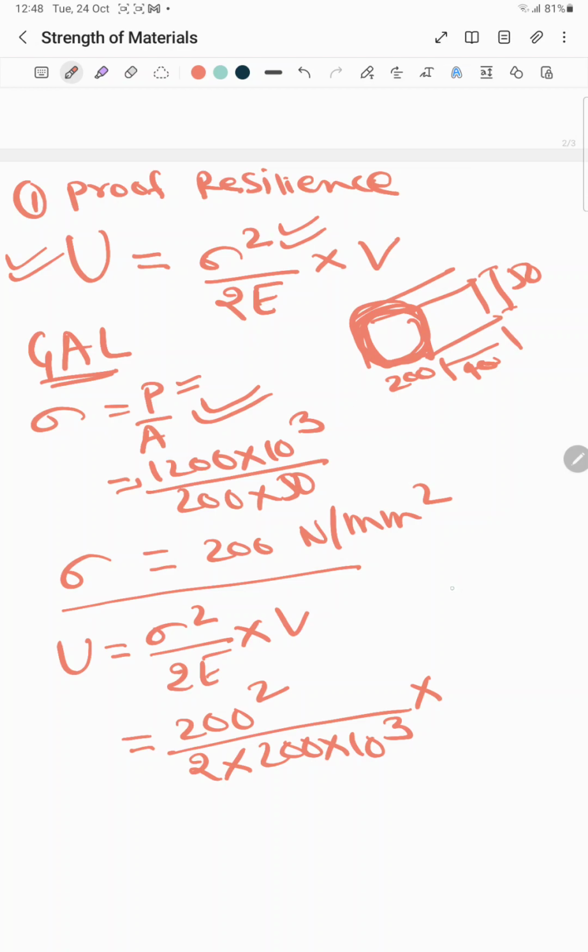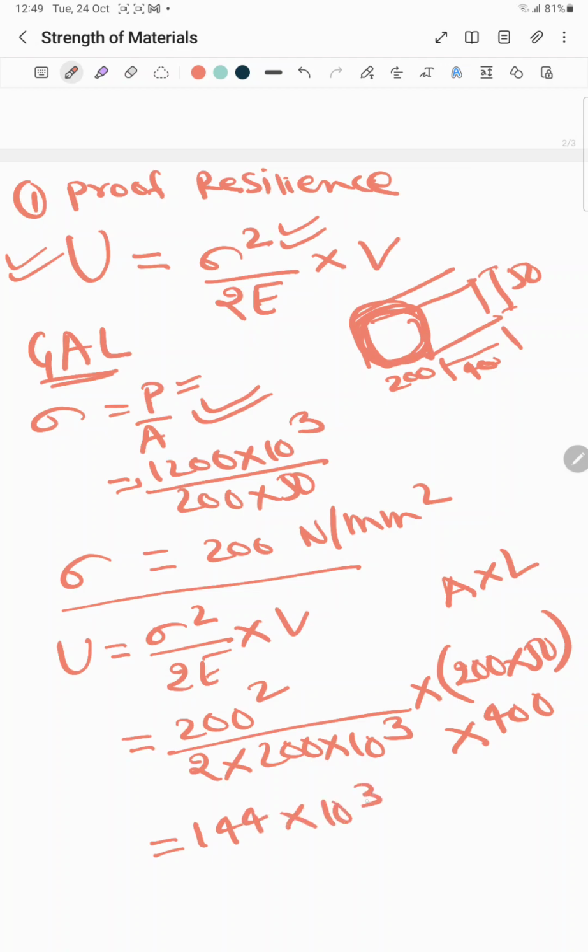Volume will be area into length, so 200 into 50 into 400. If we evaluate this, we get around 144 into 10 to the power 3 Newton millimeter. So we got the value for proof resilience.